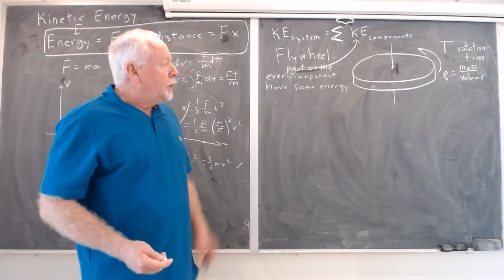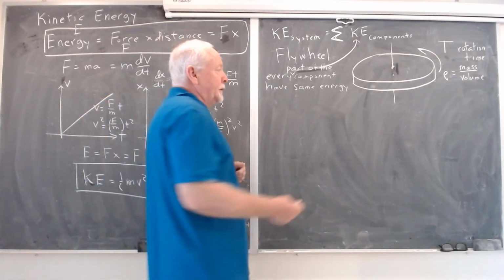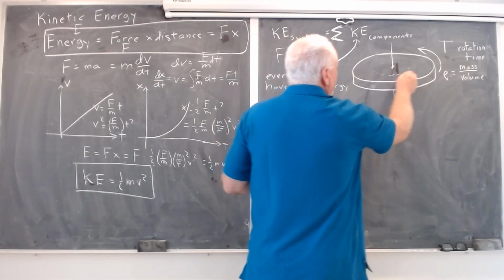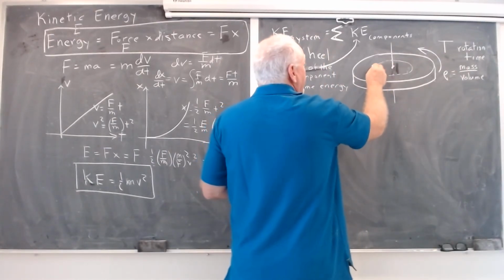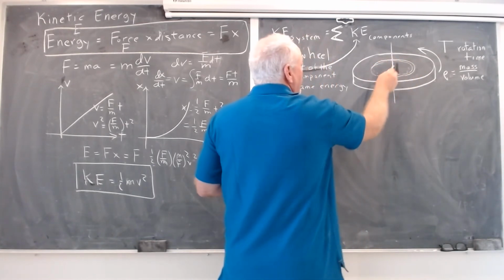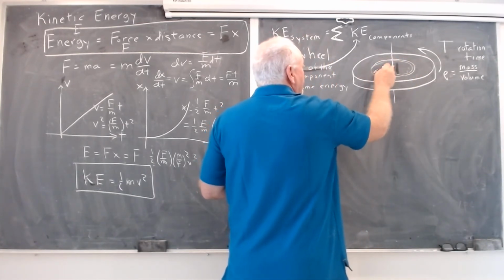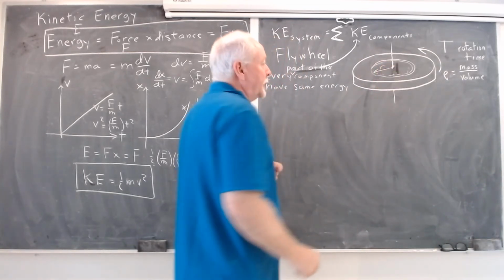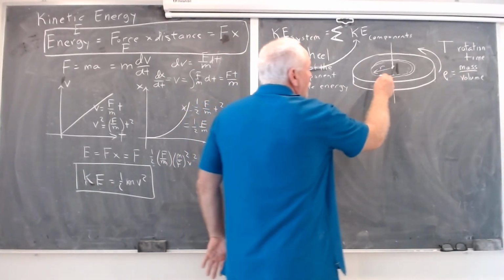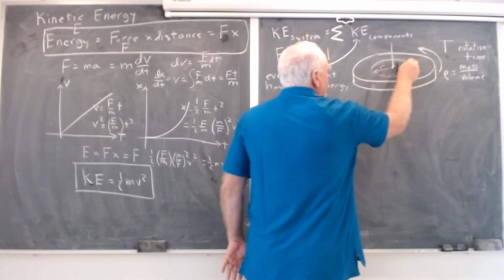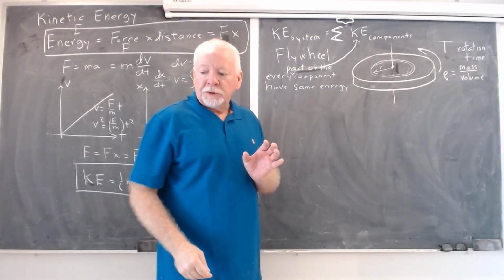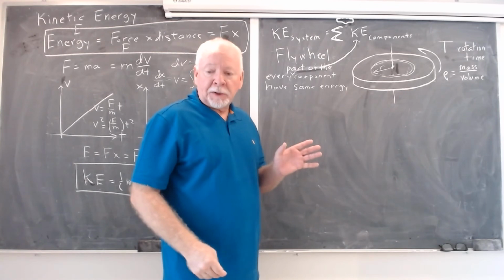And for the flywheel, that's pretty easy, because you will note that at a certain cylindrical coordinate r of the system, all the mass elements of that shell have the same kinetic energy.